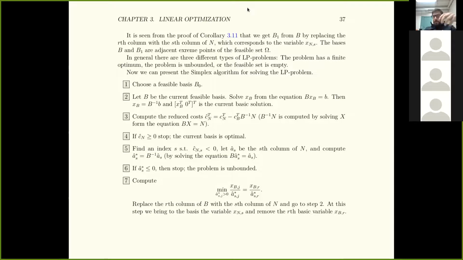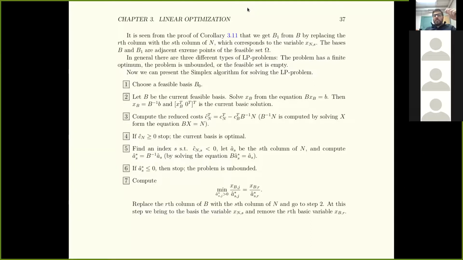However, if there is a solution, then the simplex algorithm will find the solution, and it will be found at stage 4, where the reduced costs are non-negative. However, there is one caveat here. Technically speaking, we are assuming that the basic feasible solution is not degenerate, meaning that none of the basic variables are 0. Degeneracy produces a problem for stage 7.